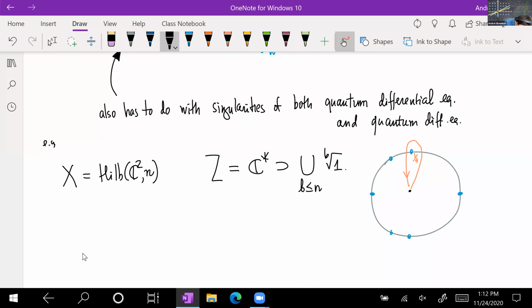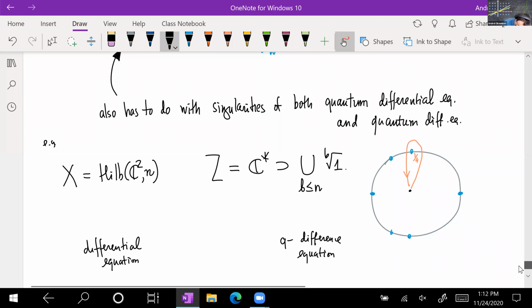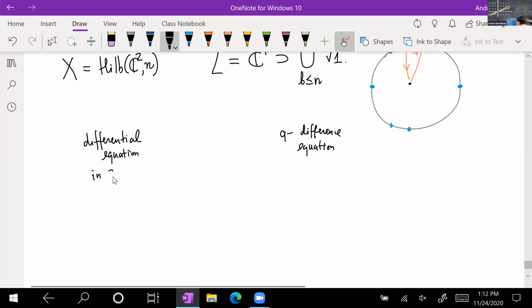The monodromy. So you have the differential equation, and you have the Q-difference equation. So there's a differential equation in Z and a Q-difference equation in Z, and somewhere between them sits this monodromy.